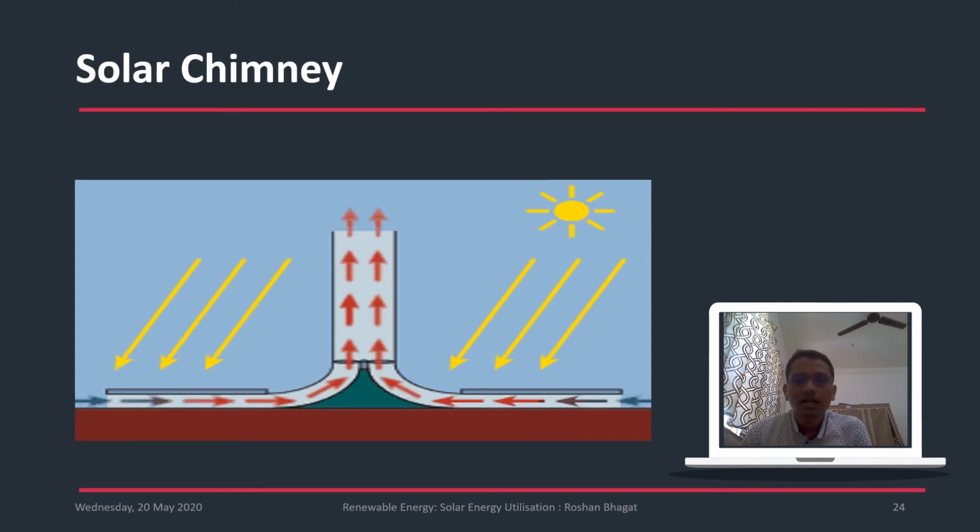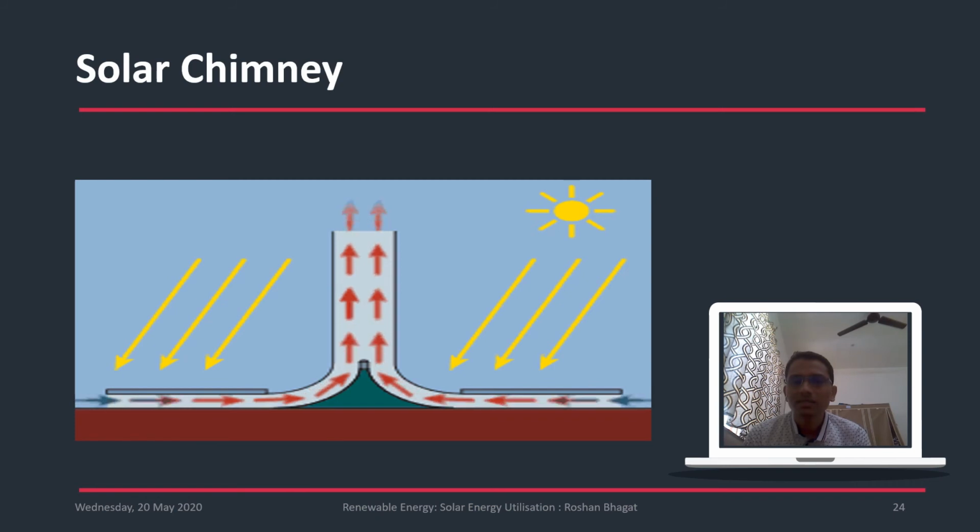But the complication with this particular method is that you require a flexible chimney, so it cannot be a rigid structure. It requires a transparent cover. Sunlight should reach the surface, and because of this heat will be trapped within the transparent cover, and that heat will heat the air, and this heated air will have a tendency to flow outside.